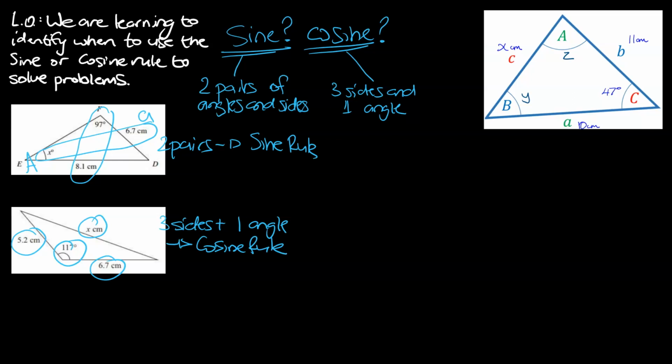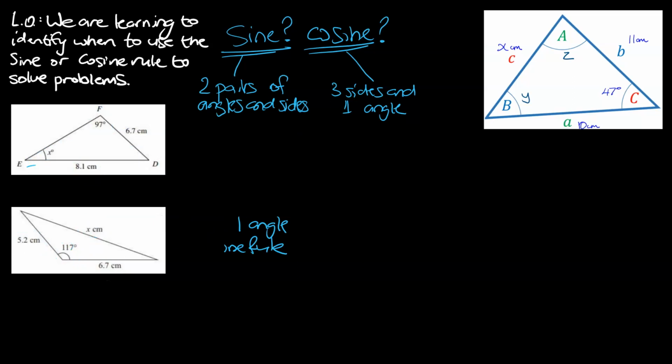Hopefully that makes sense. Two pairs of angles and sides means you're using the sine rule, and three sides and one angle means you're going to be using the cosine rule. I'm quickly going to rub out all of that, and then we're going to get into solving the questions and finding those values for x.